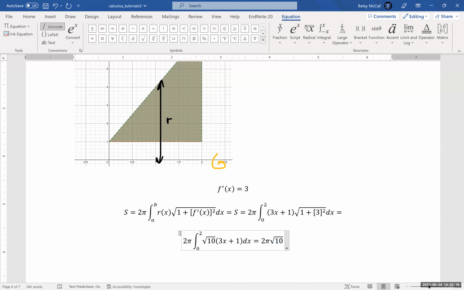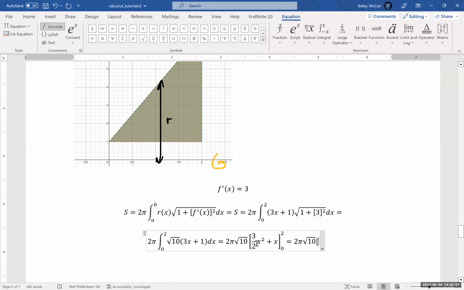And then when we integrate 3x plus 1, we're going to get 3/2 x squared plus x from 0 to 2, which is going to give us this crazy number times, let's see, when we put in a 2, that becomes a 4.